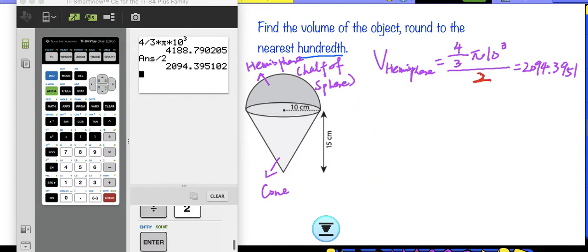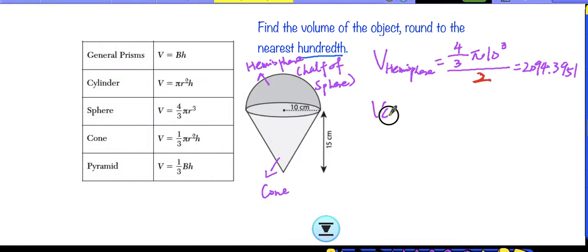Okay, so let's work on the bottom. The bottom is a cone. Again, the cone formula is this one. Do not forget 1/3 times pi r squared times h. Again, r stands for radius, which is 10 squared, and h here is the height, which is 15.